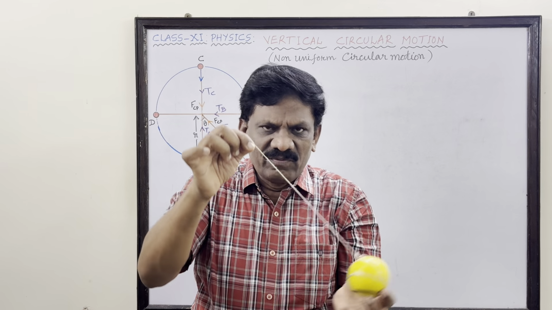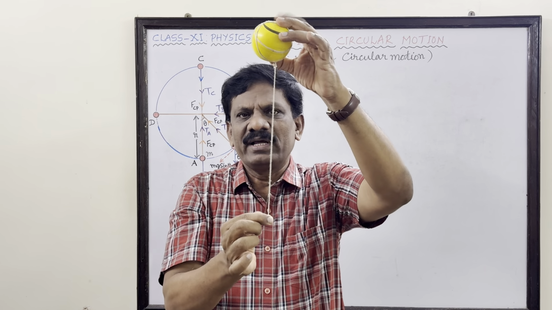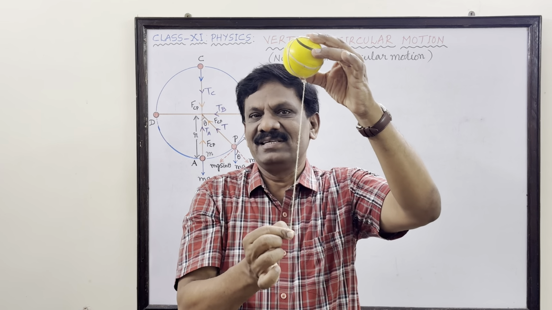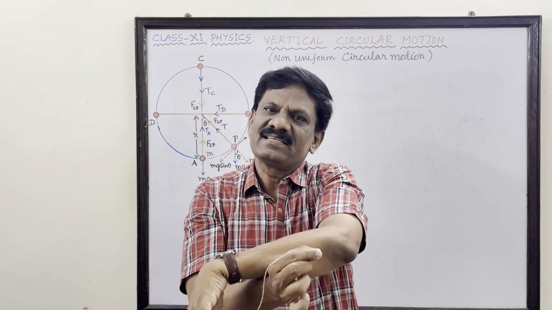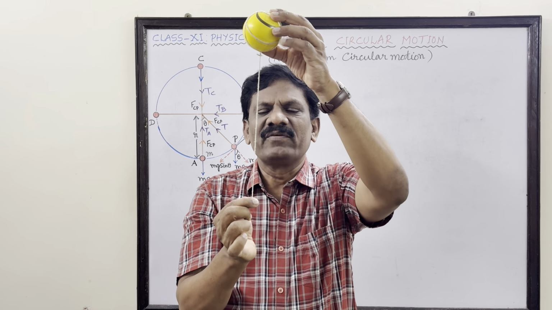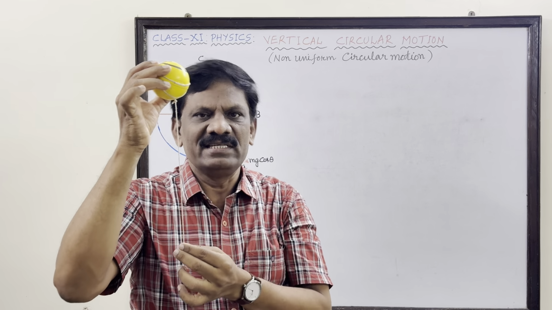So when it is revolving at the highest position, this object should have a certain minimum velocity with which it can complete the circle successfully. That minimum velocity required for the object at the highest point is called the critical velocity.